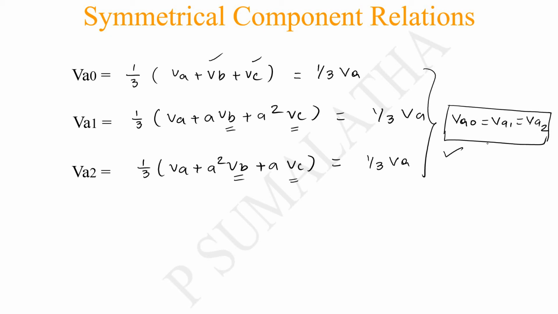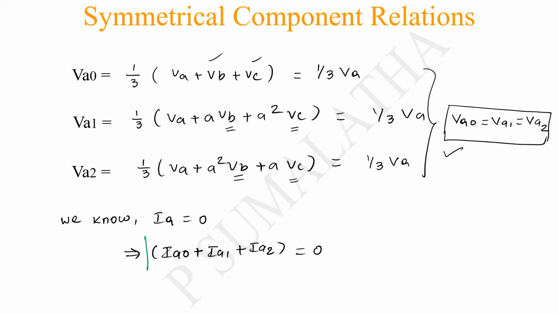Let us see what about the current equations. We know current IA is equal to 0. So this can be written as IA naught plus IA1 plus IA2 is equal to 0. From these two conditions, we can say that the sum of the currents at a particular node is equal to 0, and similarly the voltages of each branch are equal, that is VA naught is equal to VA1 and VA2.